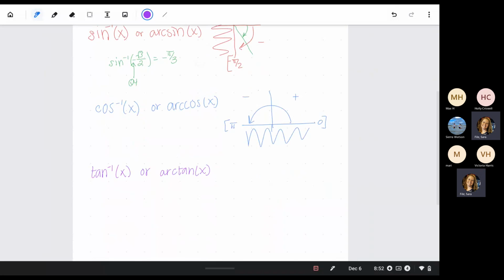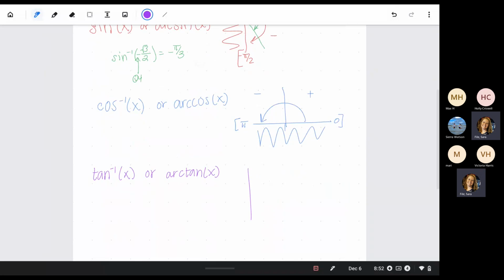Goes back to look like sine, and it's got to be quadrant 1 or 4, and it's negative pi halves to pi halves. This is no man's land, but this time it's parentheses. We can't include those values because if you think back to our tangent graphs from Unit 3, remember at pi halves and negative pi halves, that's where the asymptotes were for tangent.